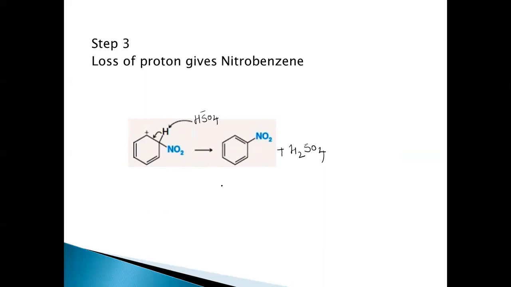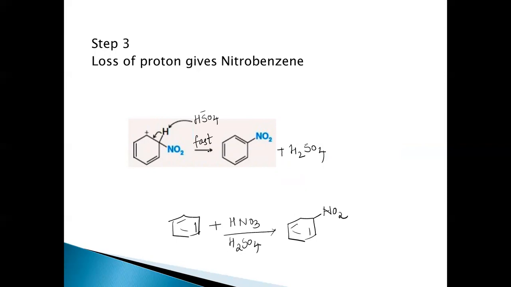So this is the mechanism of nitration of benzene, where overall benzene reacts with nitric acid in the presence of sulfuric acid, which acts as a catalyst, and we call this a nitrating mixture. One of the hydrogens of benzene is substituted by the nitronium ion, giving you the nitrobenzene.